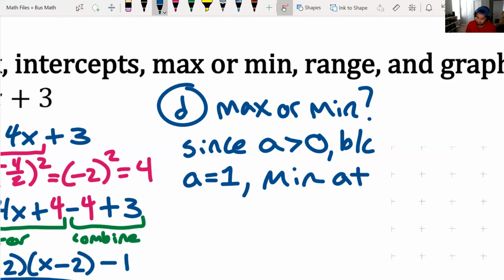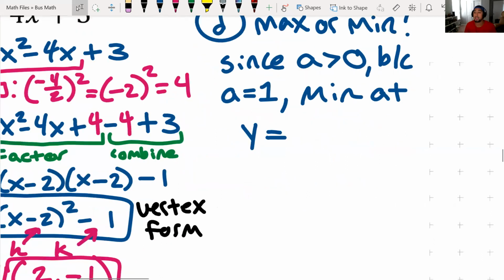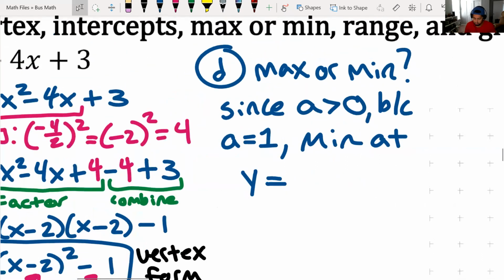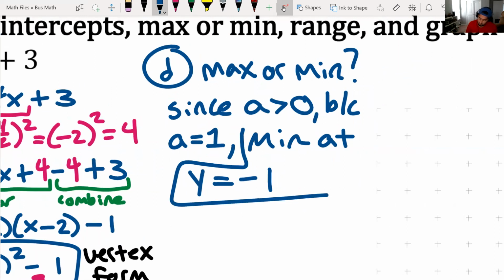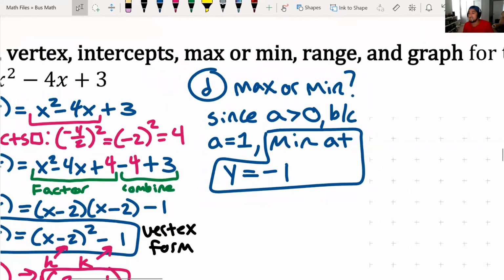Minimum at y equals, and what was our k value? -1. Or it could even say k equals -1, but as long as we know where that minimum is at. Okay. And now let's just prove it by graphing. So let's see what our coordinates are.